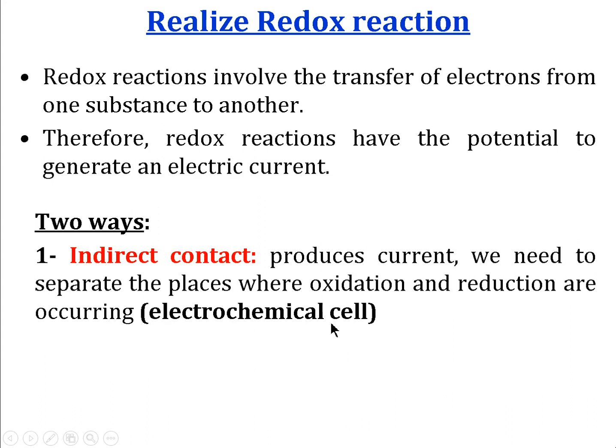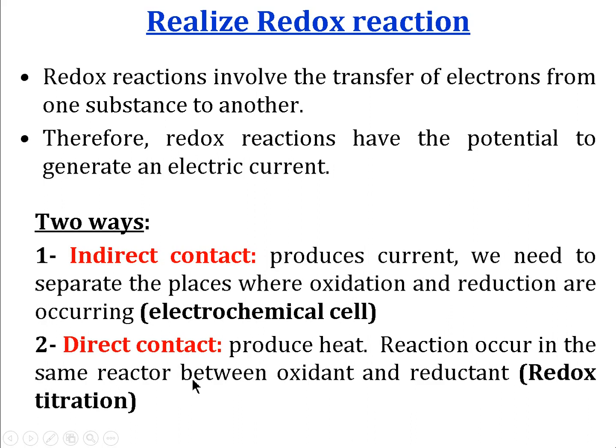So we need to separate the places where oxidation and reduction take place. So we have two couples separated into two different beakers, and the two couples are related in a way that will be explained later. So this is the formation of an electrochemical cell.